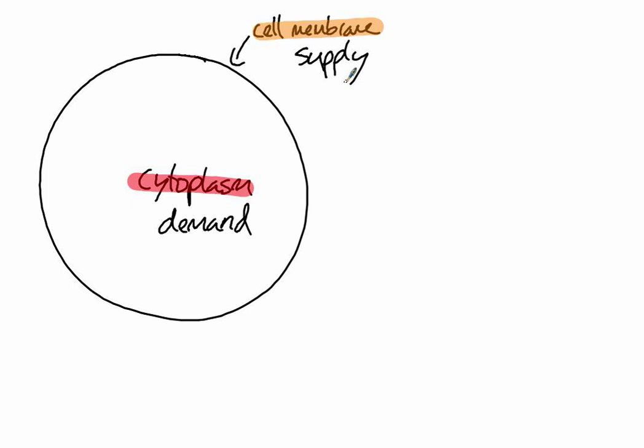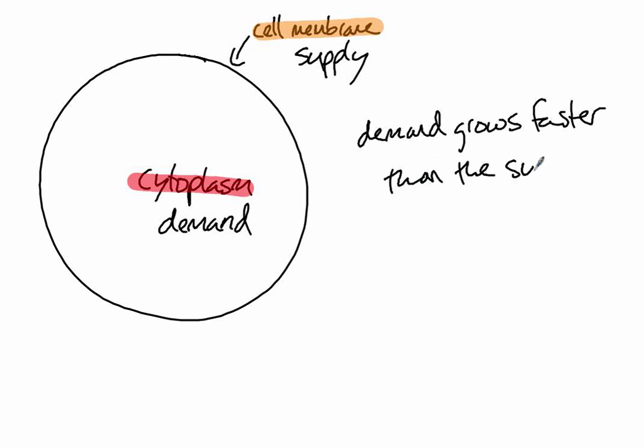So the demand grows faster than the supply. So eventually, the supply isn't big enough to meet the demand.